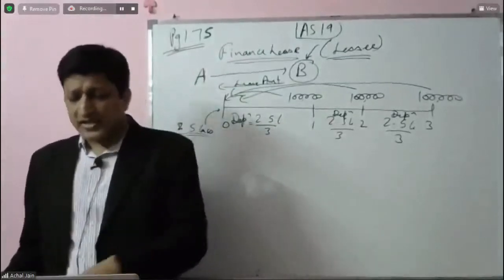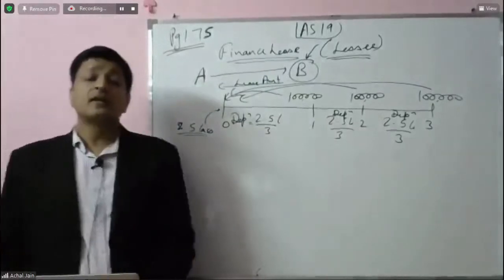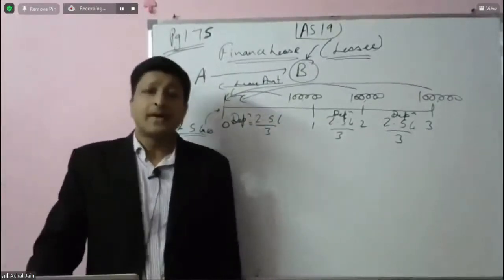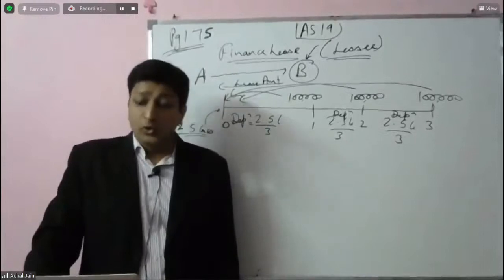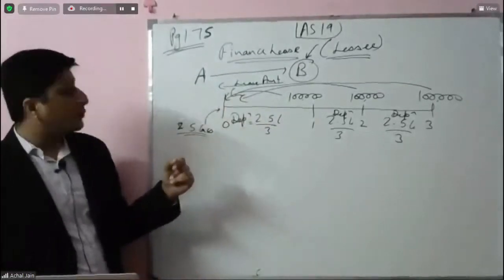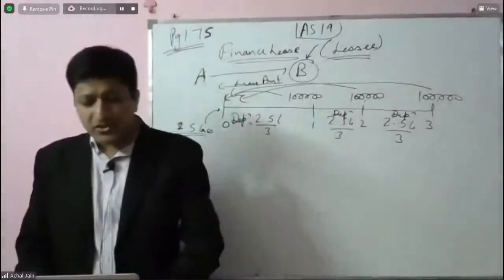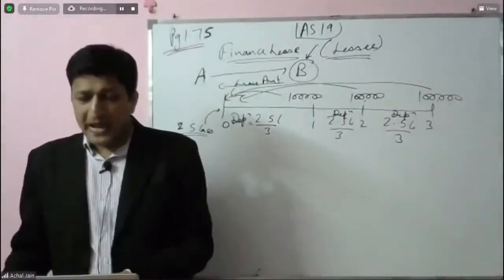Today itself, on day 0 itself, B has recorded this full liability. But do you think it's the full liability which B will be required to pay? What's the challenge which is involved? How do you think this challenge can be managed?